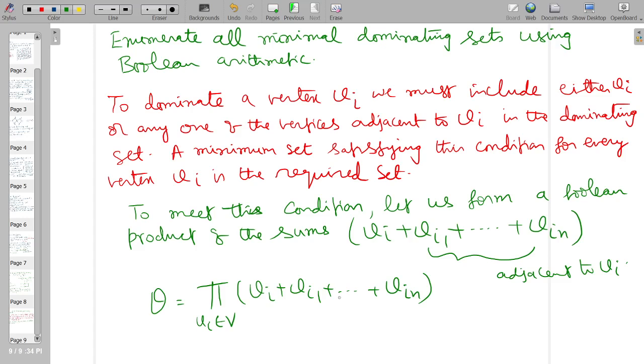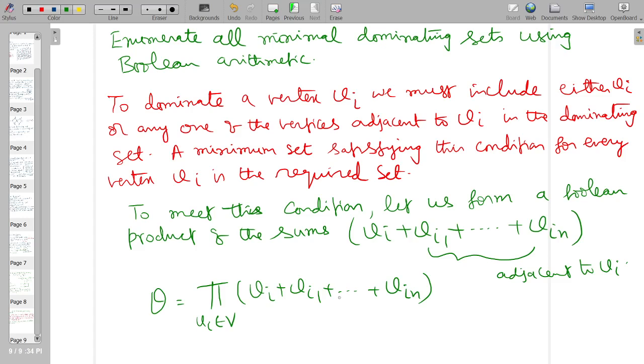Now I have to express this to find a minimal dominating set.